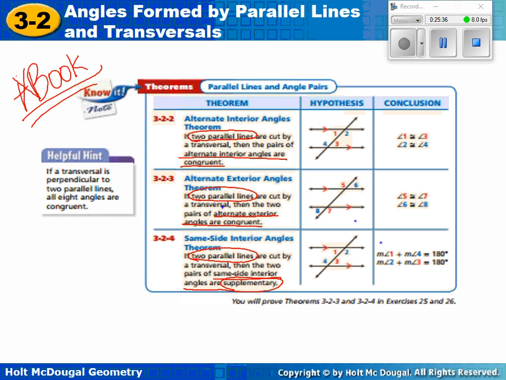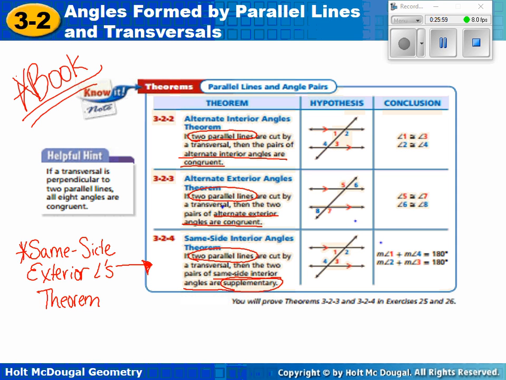And then the one that they always skip in the book, and you may want to add, is the same side exterior angles theorem. And it says basically the exact same thing as the same side interior angles theorem.